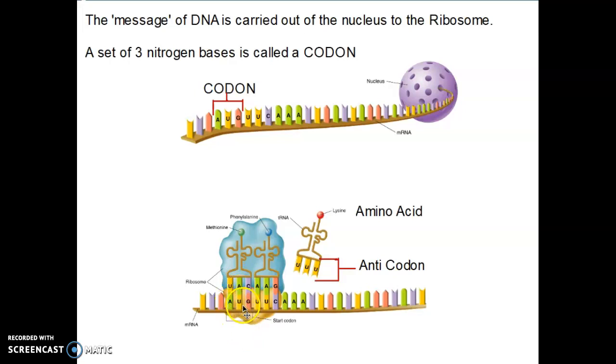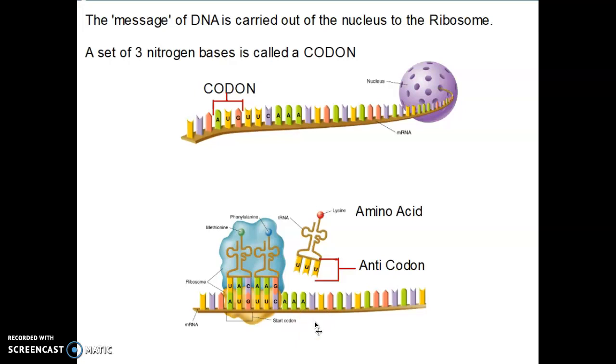So the opposite of AUG would be UAC. The opposite of UUC would be AAG. And then you can tell this UUU is getting ready to pair up with this AAA. All right? So those codons meet the anticodons.